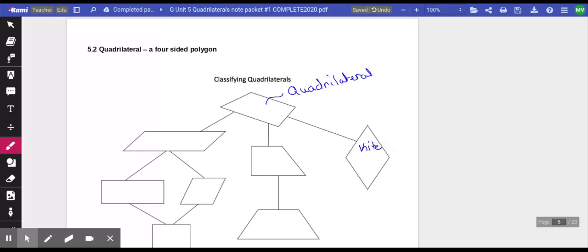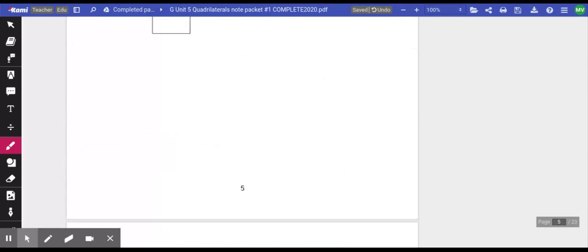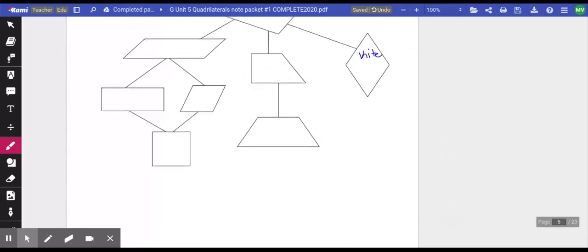And a kite, by definition, has no parallel sides, but has two sets of adjacent congruent sides. So that means that this is congruent to this, and this is congruent to this.